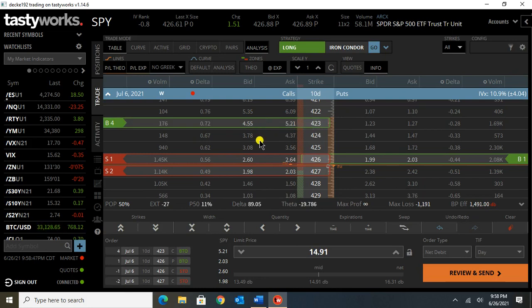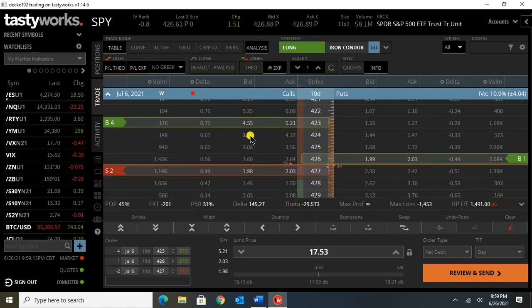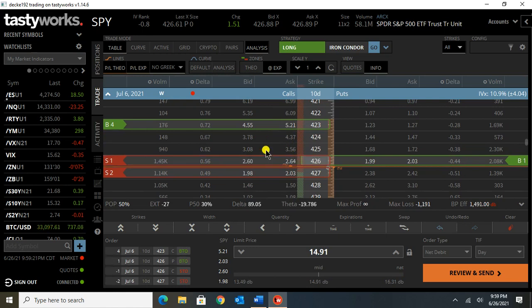But the third alternative for when the market's going down: right now we have 4 long calls and 3 total short calls. So we can sell 1 more call and still be covered. So as an alternative, you can simply leave everything and just sell 1 more additional call. I can't click on it now because I can only do 4 legs on Tastyworks, but I would just sell, say, the 424 call, and that would reduce your risk as well, and it would also cap your upside at 427.